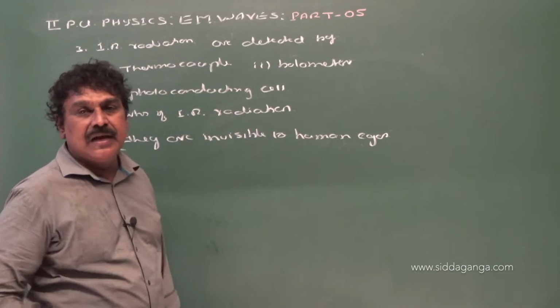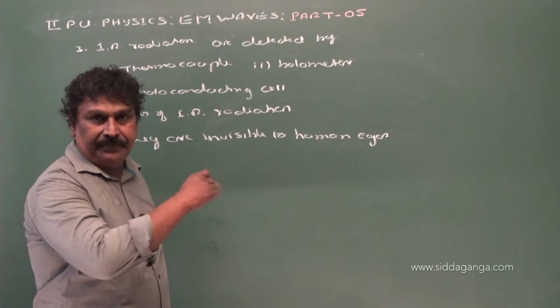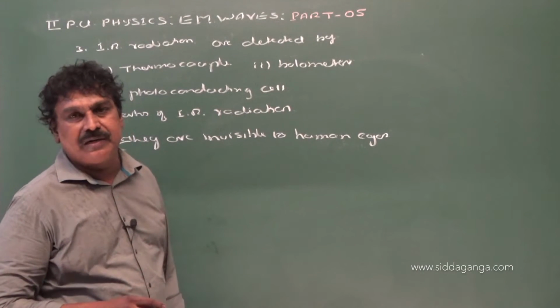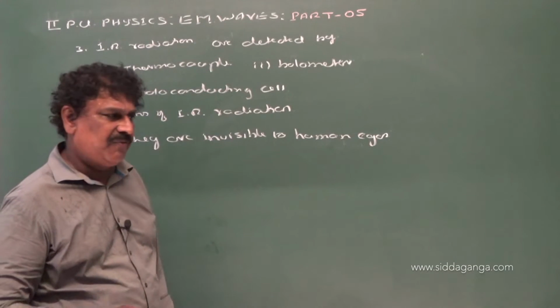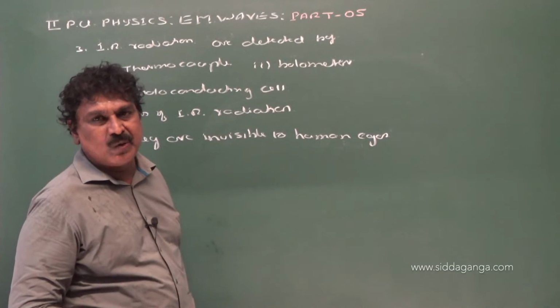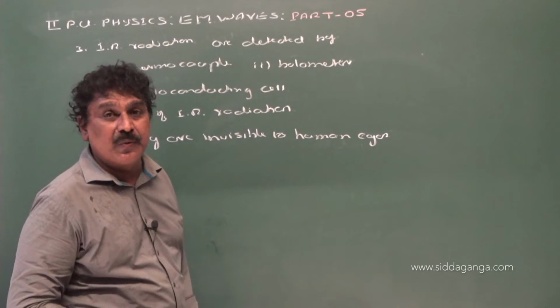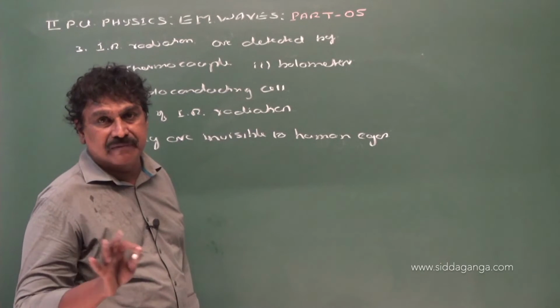It is because eye is not sensitive to that wavelength range from 7500 angstrom unit to 1000 micron, and of course except the visible light from 7500 angstrom unit to 4000 angstrom unit, right, are visible.